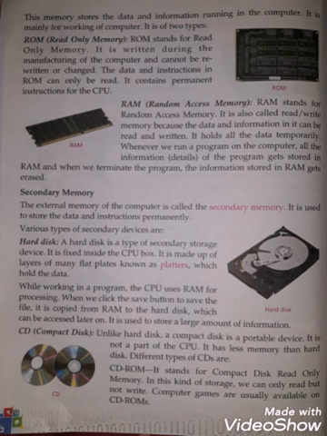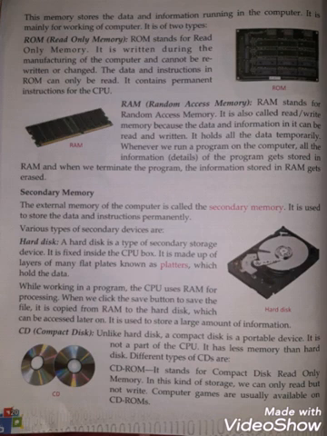RAM is random access memory. RAM stands for random access memory. It is also called read and write memory because the data and information can be read and written. So random access memory, randomly you can access this memory. So it is read and write memory.